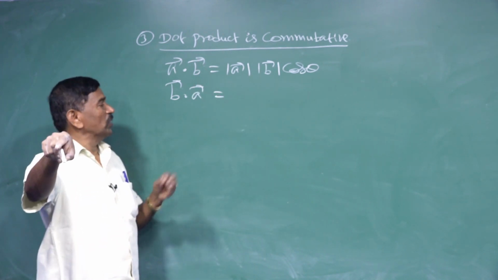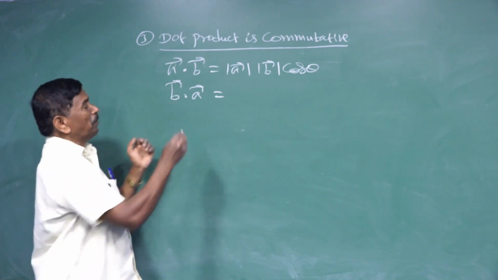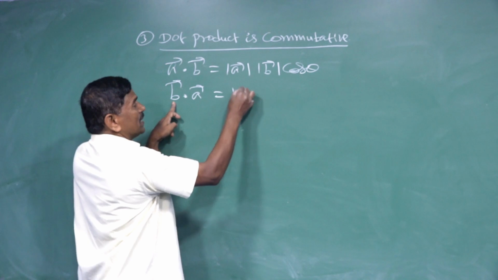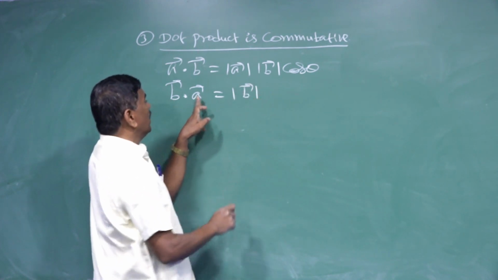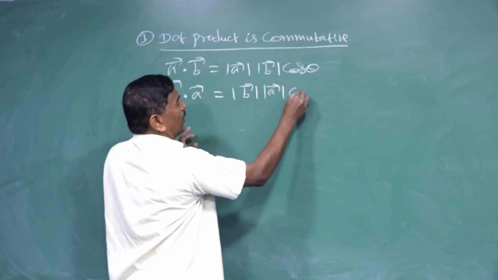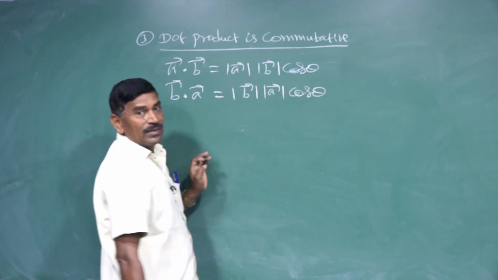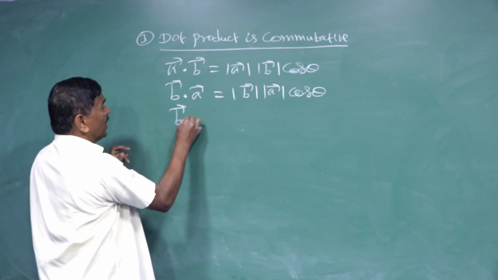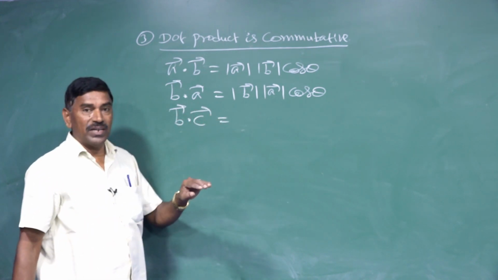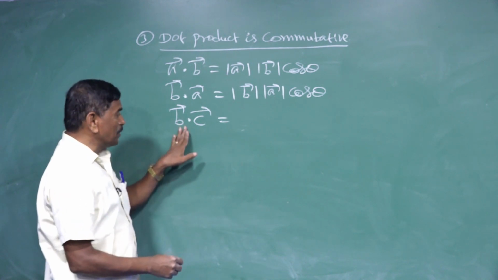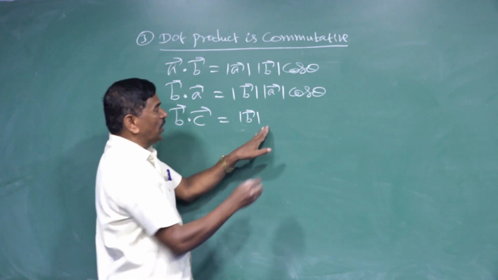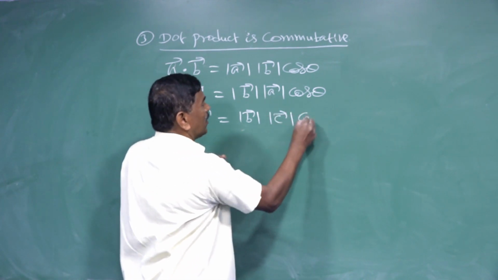Very good. Again, by the definition of dot product, here first b vector, therefore first modulus b vector, into second a vector, therefore into modulus a vector into cos theta. Suppose, what is b vector dot c vector? Here first b vector, so modulus b vector, second c vector, so into modulus c vector into cos theta.